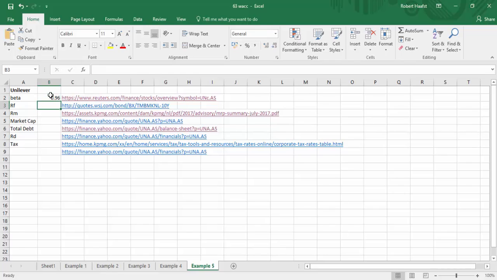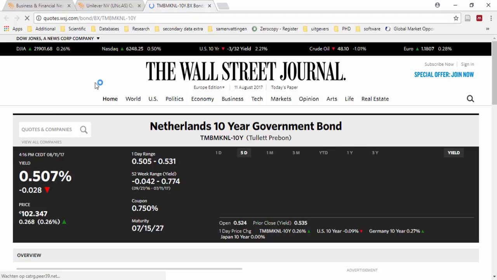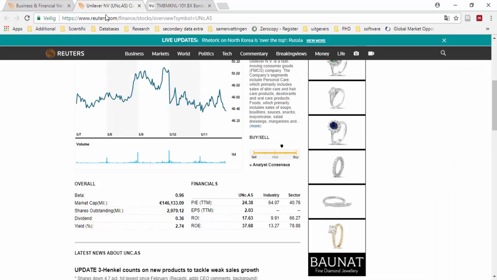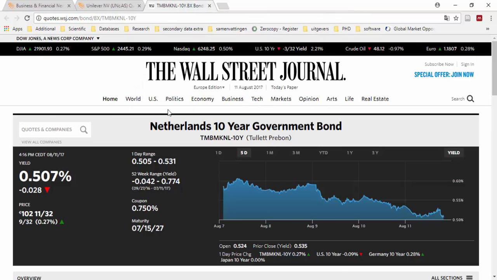We also want to know the risk-free rate. We could find it on the Reuters website as well. However, sometimes it's easier to find those things on the website of a newspaper.